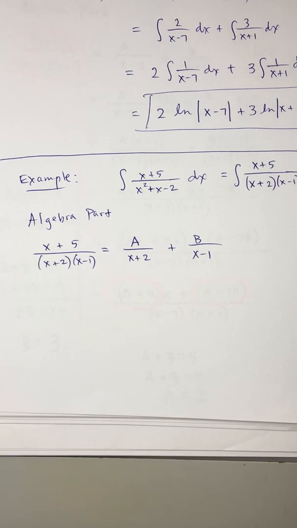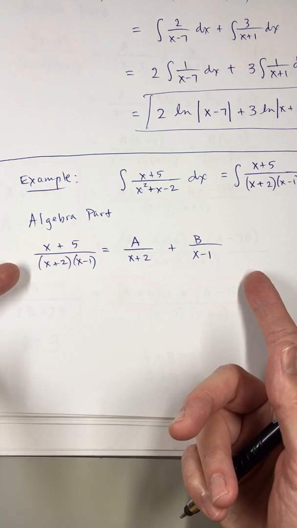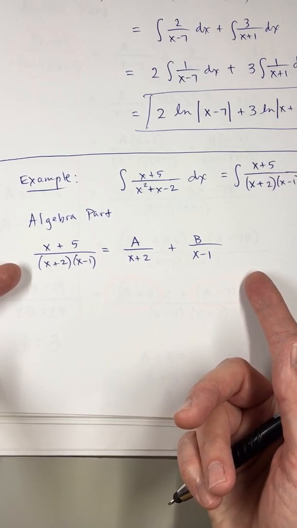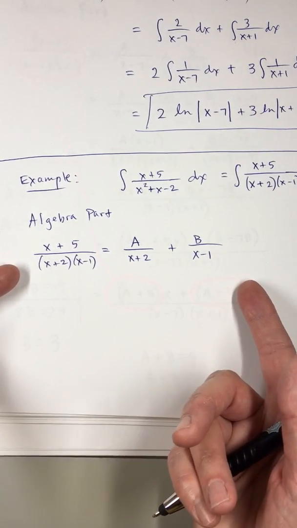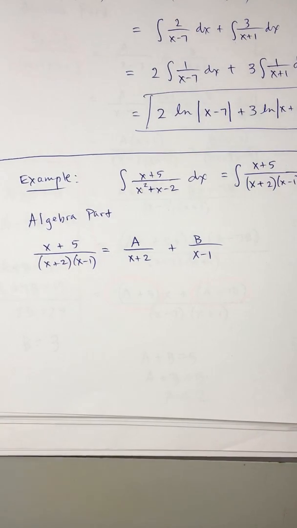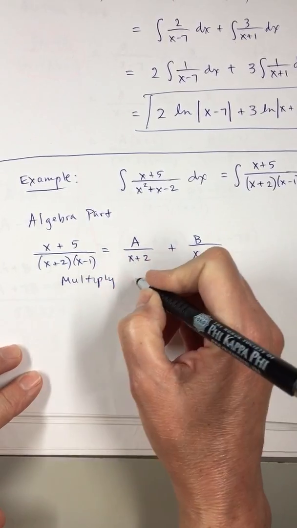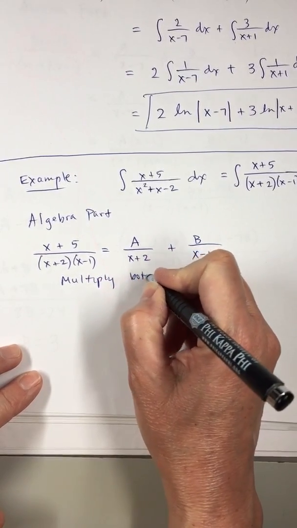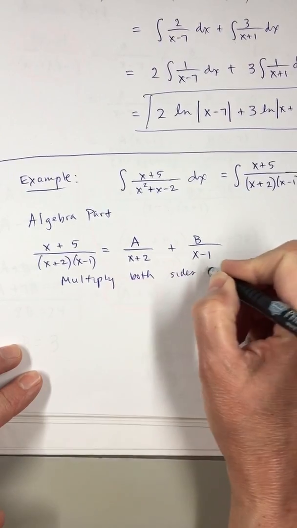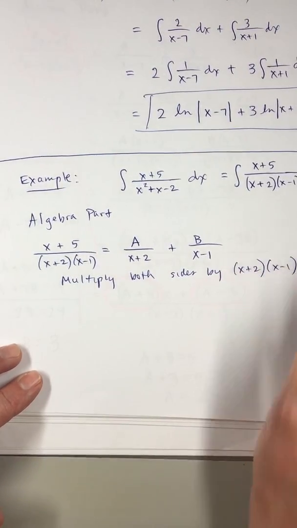So what I can do is take this equation and multiply the whole thing by x plus 2 times x minus 1. I can multiply it by the least common denominator and kind of get rid of the fraction part of it. So that's what I'm going to do. Multiply both sides by x plus 2 times x minus 1.